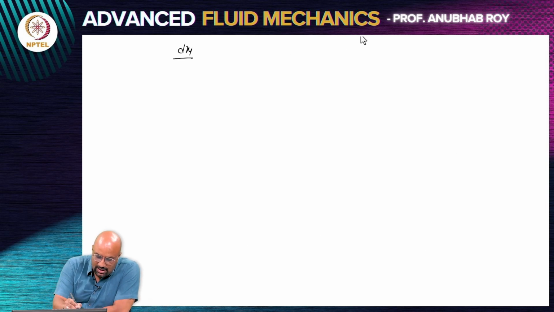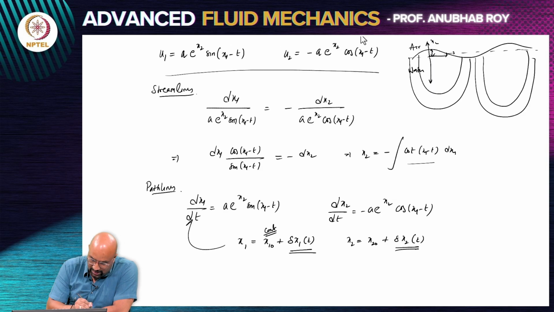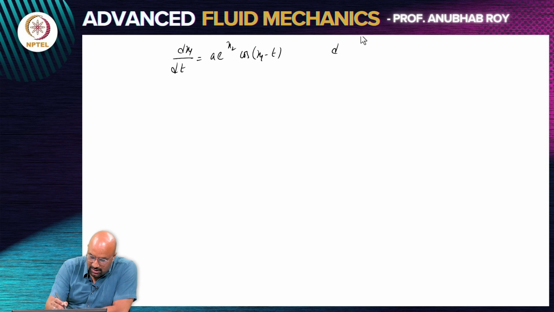I had dx1 dt is a exponential x2 sine x1 minus t, whereas dx2 dt is minus a exponential x2 cosine x1 minus t.